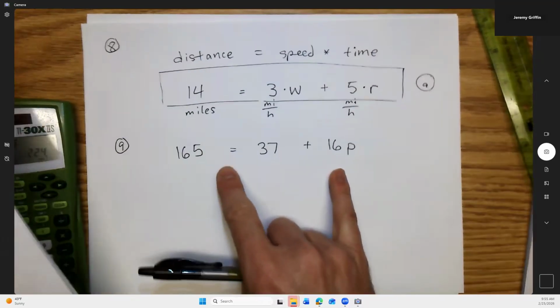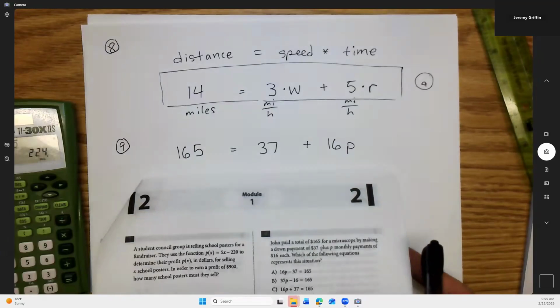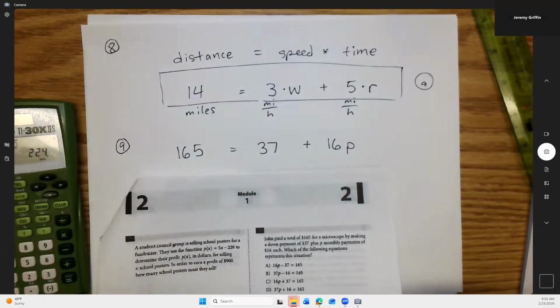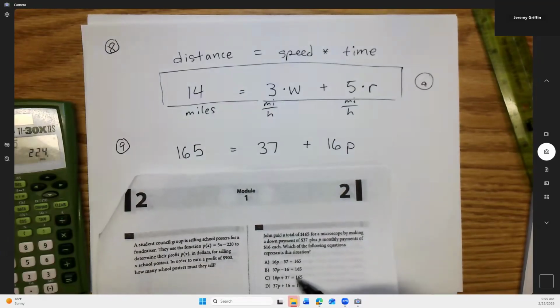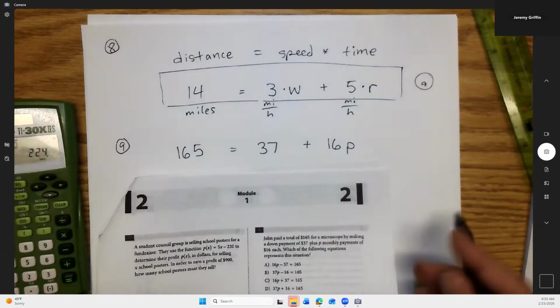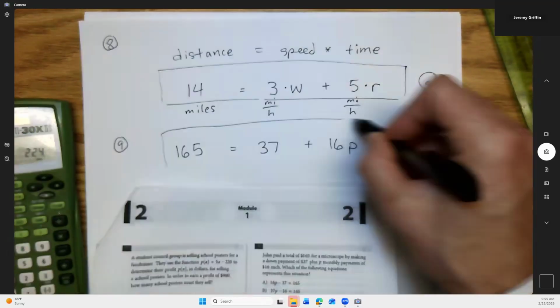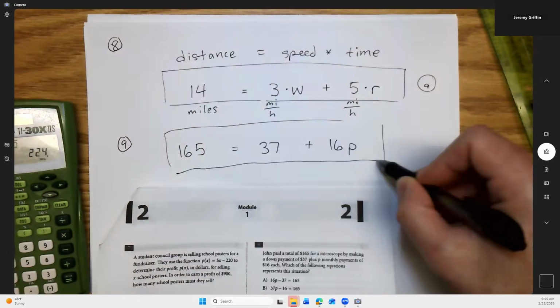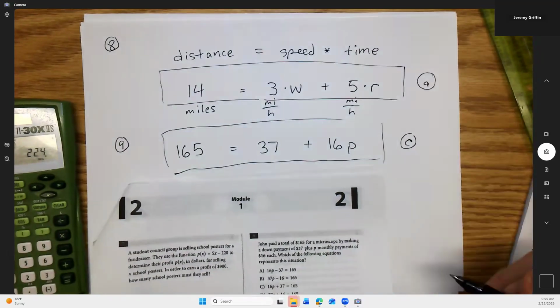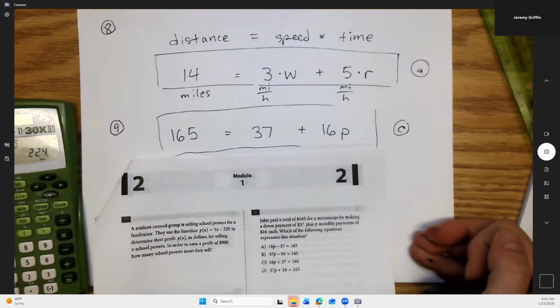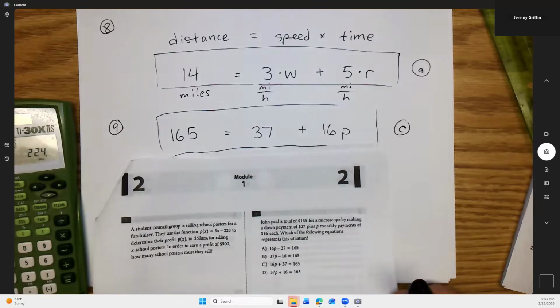Okay. All right, is that an answer choice? 165 equals 37 plus 16k. It looks like C, I think. It's 9C. Yeah, 9 is C. Right. So they rearranged it a little bit differently. But the answer is C.